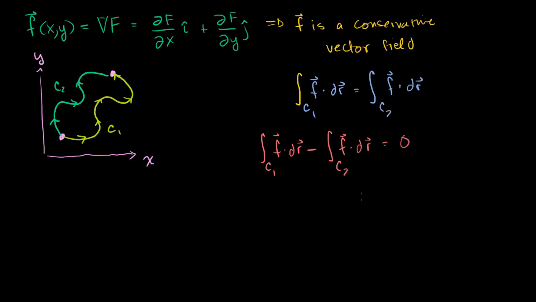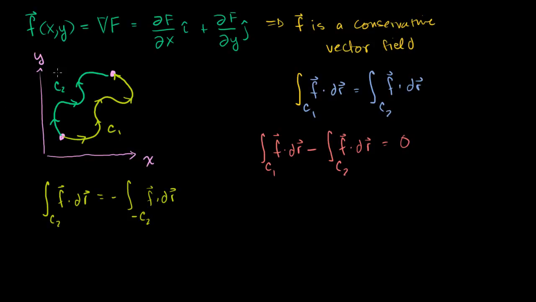Now, we learned several videos ago that if we're dealing with a line integral of a vector field, not a scalar field, the direction of the path is important. We learned that the line integral over, say, C2 of f dot dr is equal to the negative of the line integral over minus C2 of f dot dr, where we denoted minus C2 as the same path as C2, but just in the opposite direction.